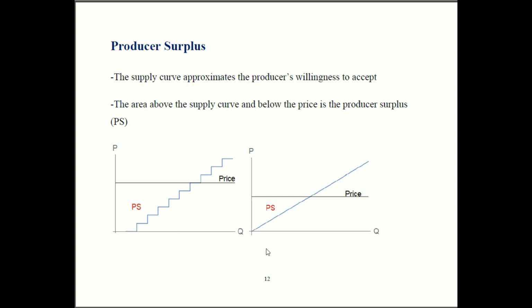So the idea is that the supplier is willing to accept a price as low as this, the one given by the supply curve here in blue. The price they actually get in the marketplace is this black line price. Therefore, the gap between what they're willing to accept and what they actually get is this triangle.